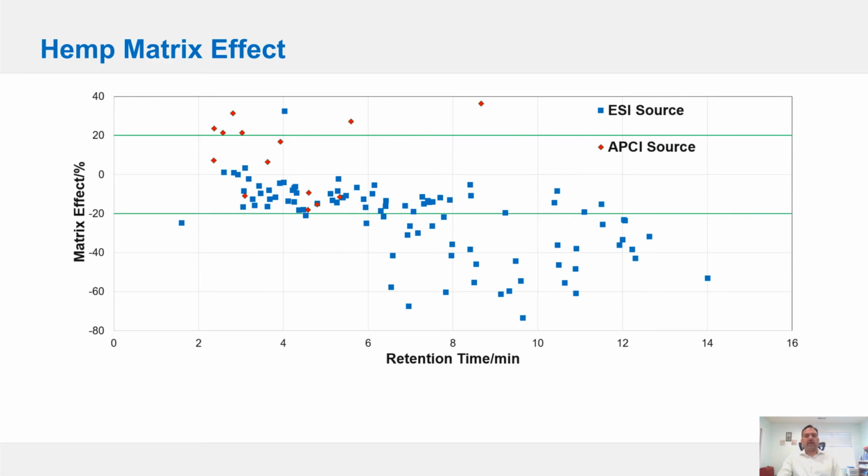So we are adding internal standard solution containing 30 of them in our sample preparation method to improve our method accuracy, because these internal standards can compensate for these hemp matrix effects.